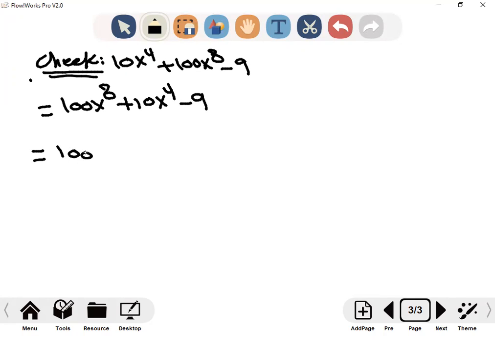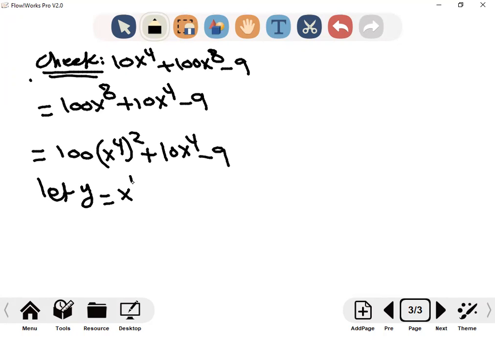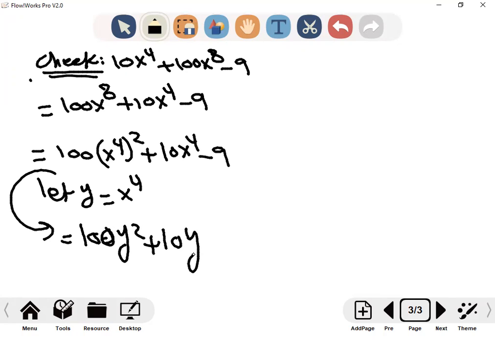This is 100 x power 4, to the power 2. Is it ready here? So can we use it? Yes. So here let y be x to the power 4. Your expression will be what now? 100 x power 4, put y in its place. It will be 100y power 2 plus 10y minus 9.